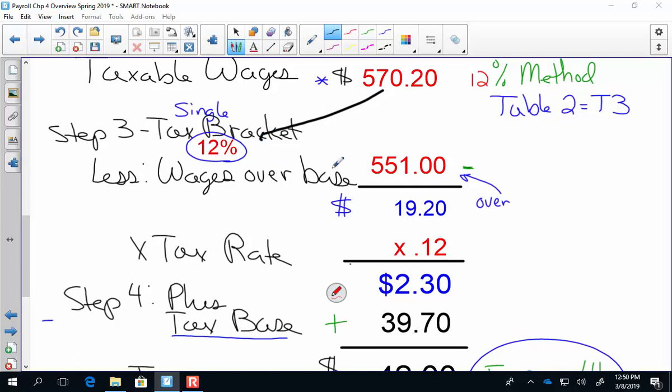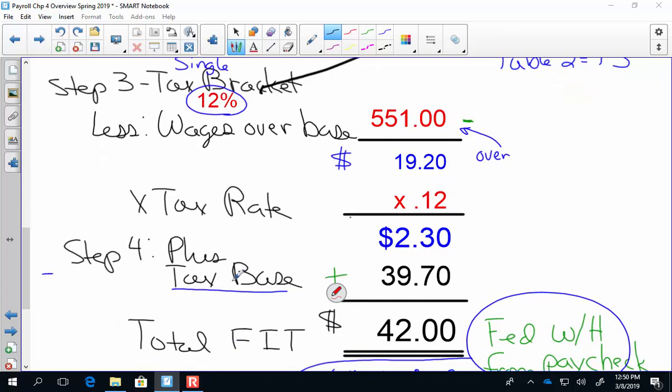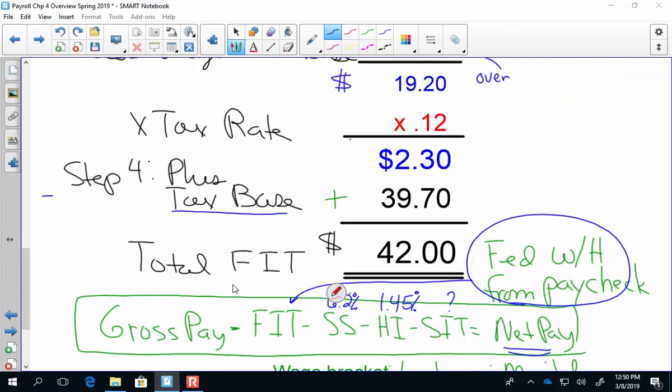At the 12%, the 551 is the wage base over that they have to meet, and that's what's subject to the 12%. And we just simply add the two amounts, the $2.30 and the $39.70 base to get $42. So basically, it goes through that process.